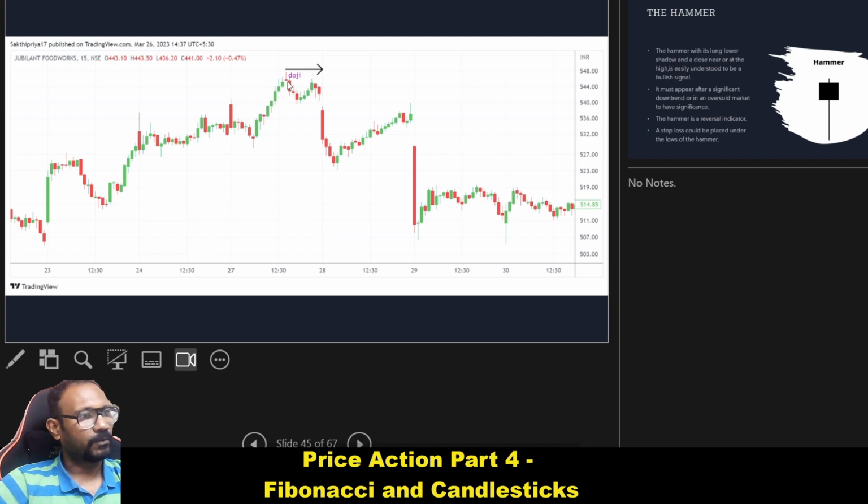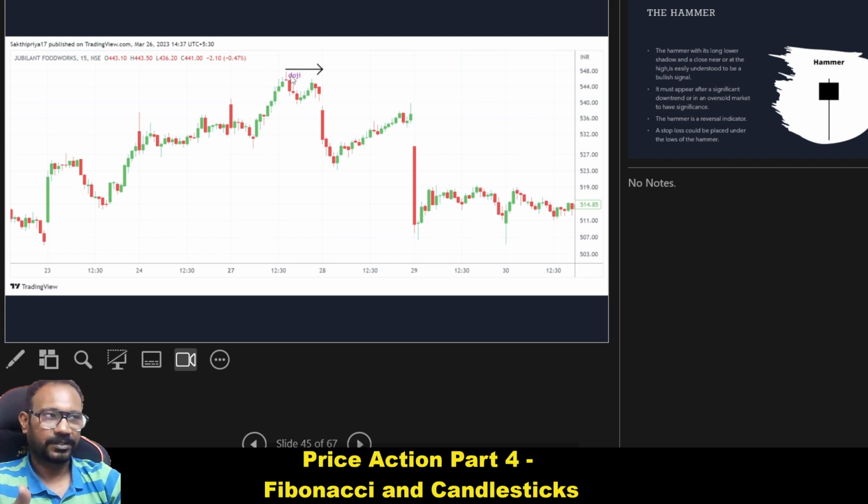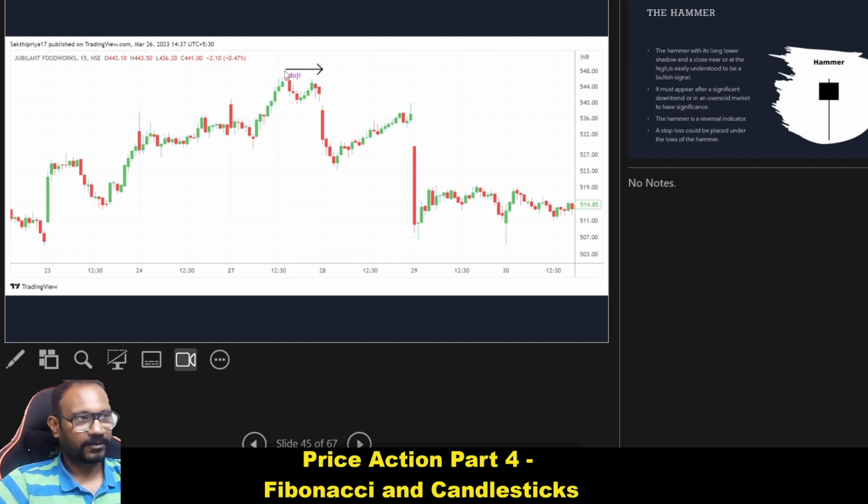After that it started coming down, and this is called a gravestone doji. Anything that has a very small body and long wick is a doji. But where it happens, basis which the name would change. Here it is called gravestone because that's the cross after which the market is going to fall, and it's saying that the market is going for the grave. So this is gravestone doji, right?